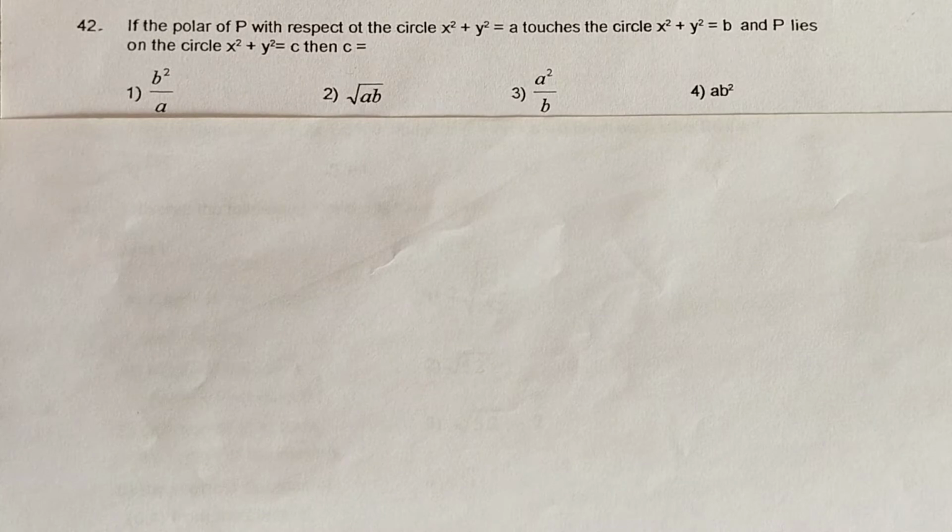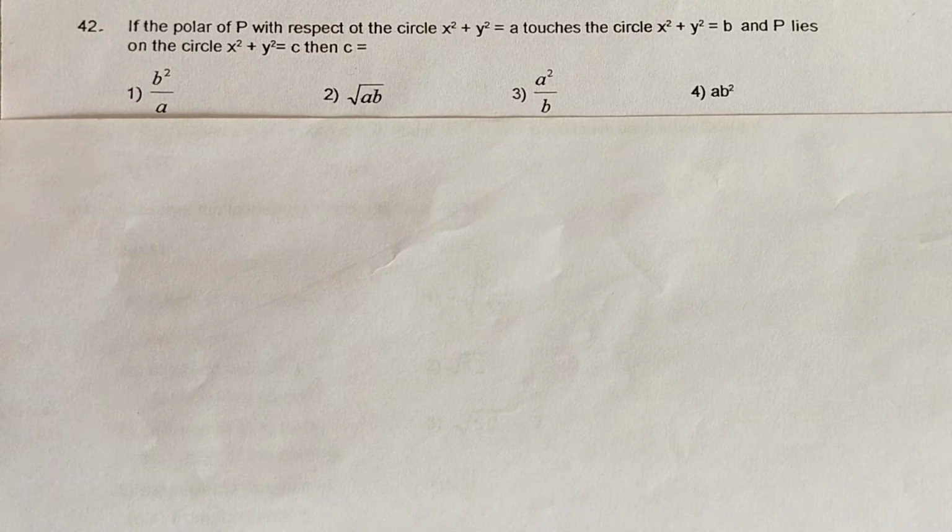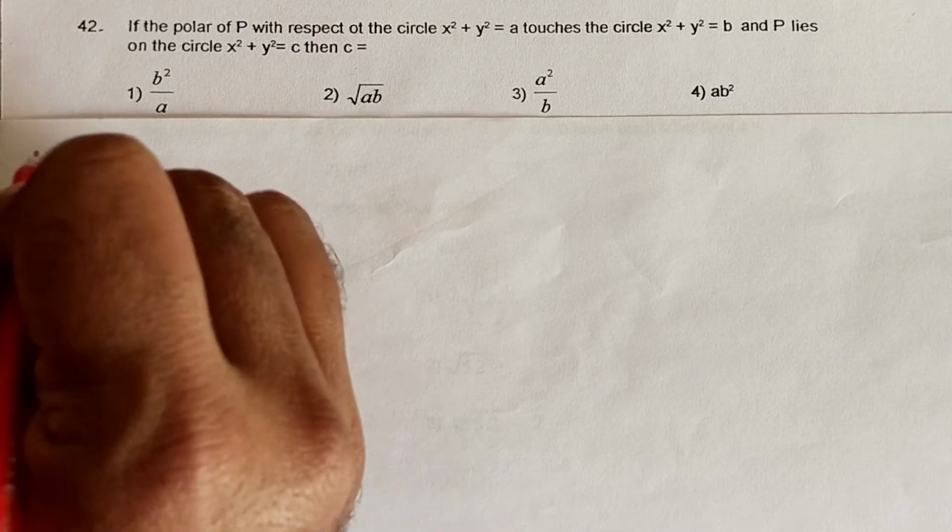The next question. If the polar of P with respect to the circle x² + y² = a² touches the circle x² + y² = b² and P lies on the circle x² + y² = c², then c equals. So the polar means you have to assume the pole.